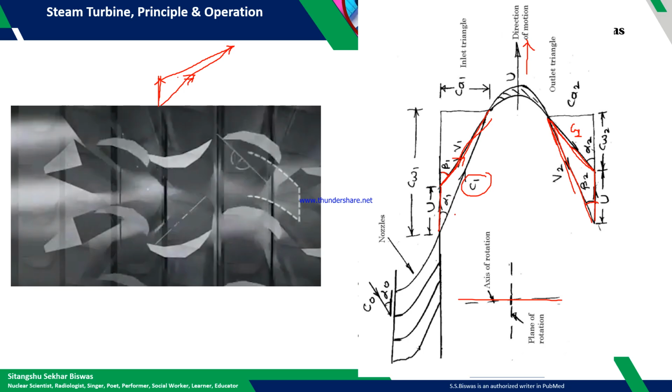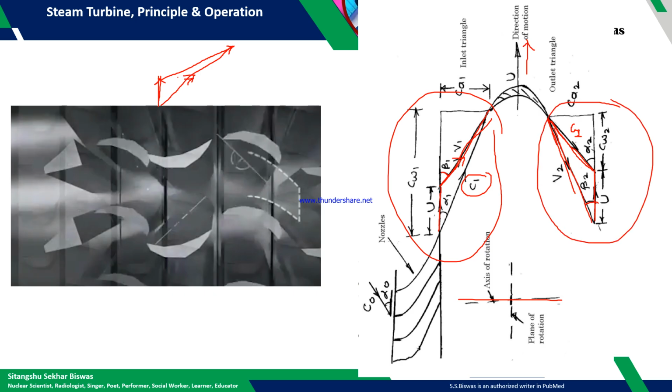If you take the resultant of these two, C1 is the resultant vector at the inlet, and C2 is the resultant vector at the outlet. So this triangle is basically called the inlet vector triangle, and this triangle is called the outlet vector triangle.